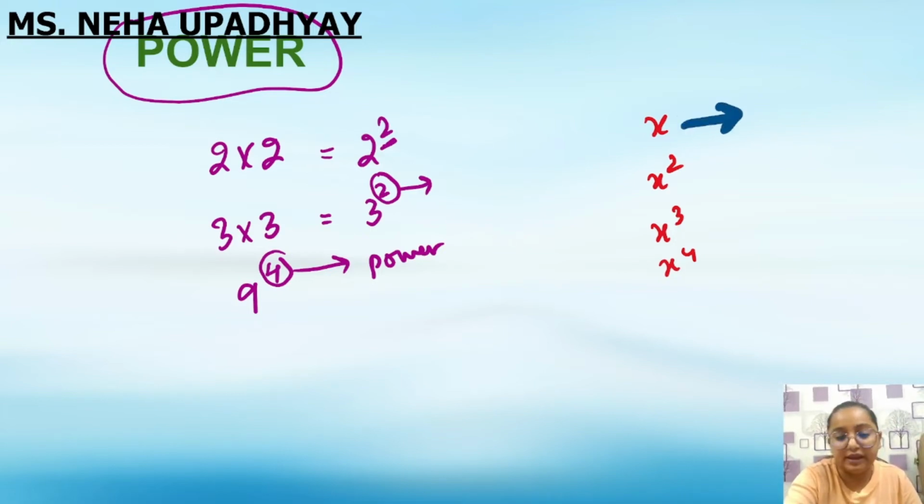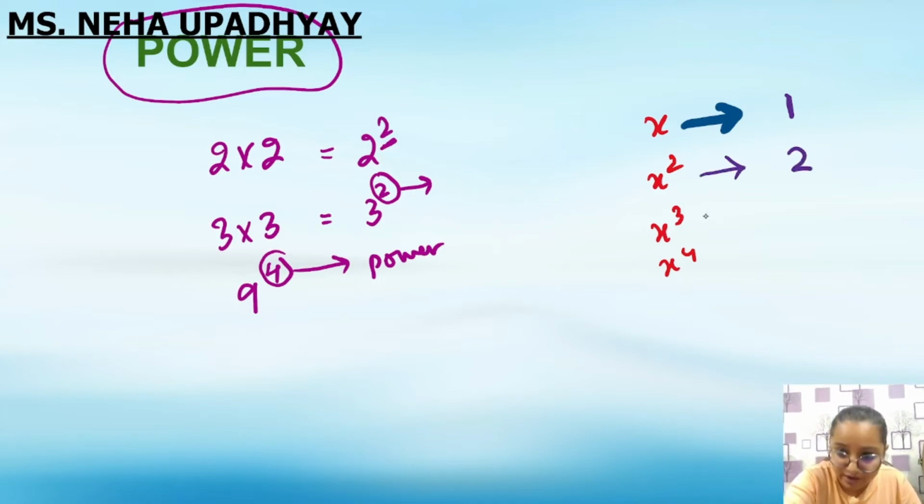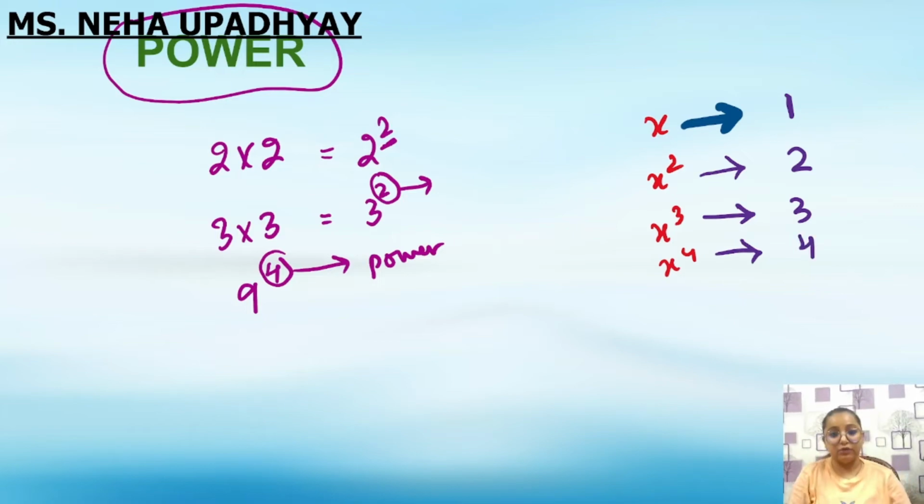The power of x is 1. Good. In this, what is the power of x? 2. Very good. What is the power of this x? 3. Very good. And what is the power of this x? 4. Very good. So, when the power is 1, we say it is linear.